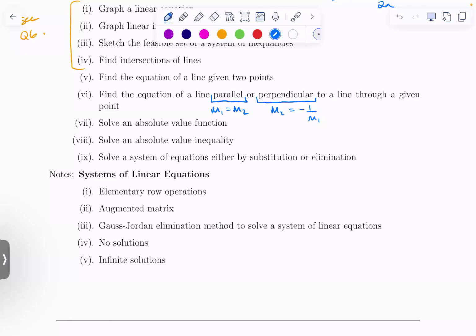The augmented matrix is one that looks like this, where you have the x and y coefficients, and then the line, and then the solutions. Augmented in the sense that the solutions have been tacked on to the matrix.